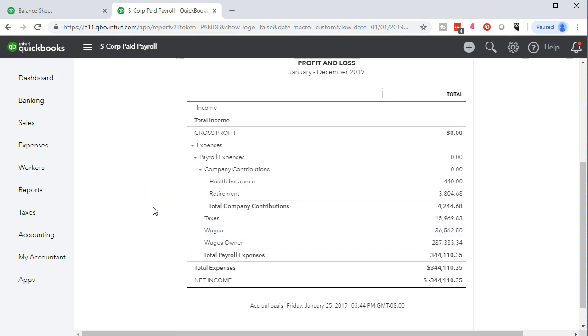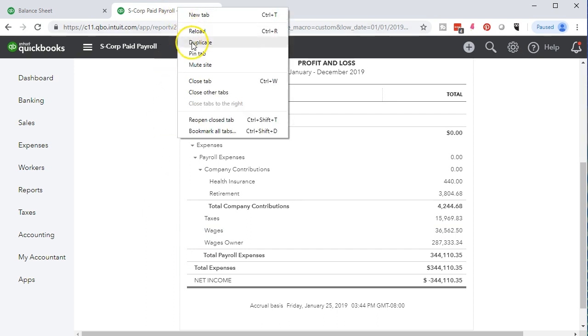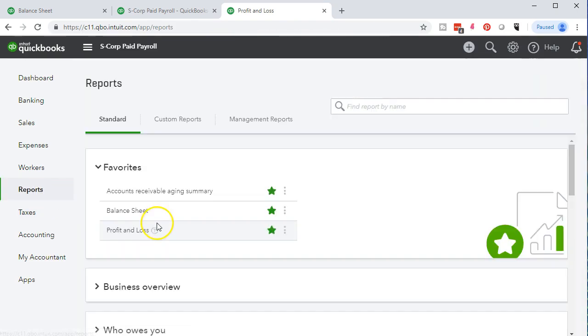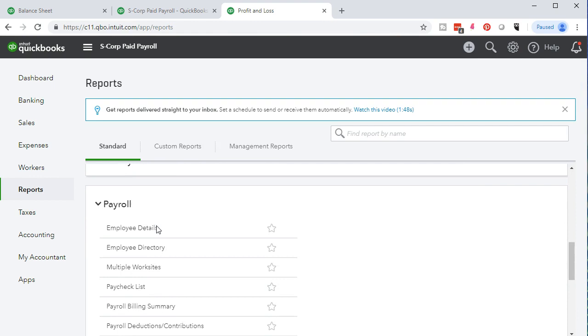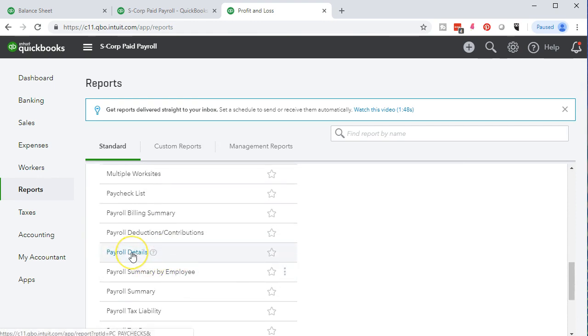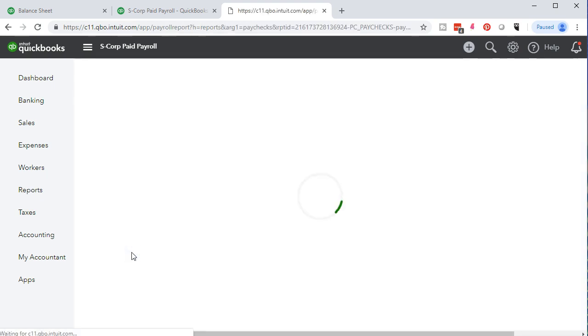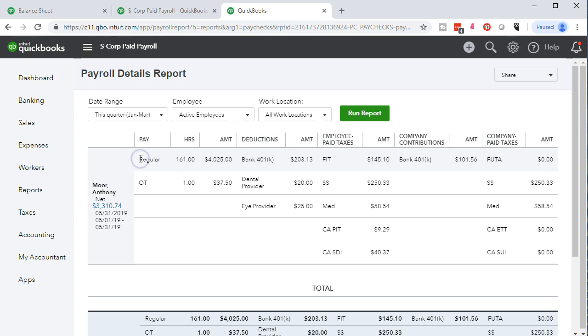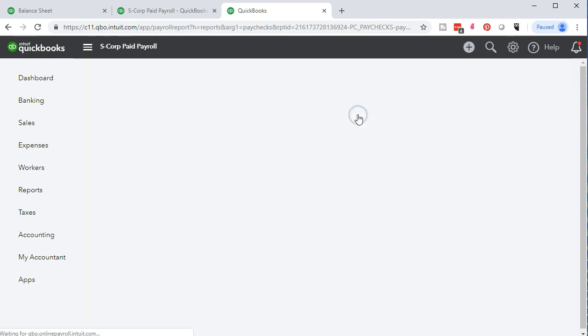We're going to open up another tab up top. We'll go back up top, right click, and duplicate once again. We'll consider another report on the left side, and we're going to scroll down to the payroll reports. We're going to go down to the payroll details. So if we select a payroll detail report, and then consider the first quarter, drop down first quarter, January, February, March, run that report.